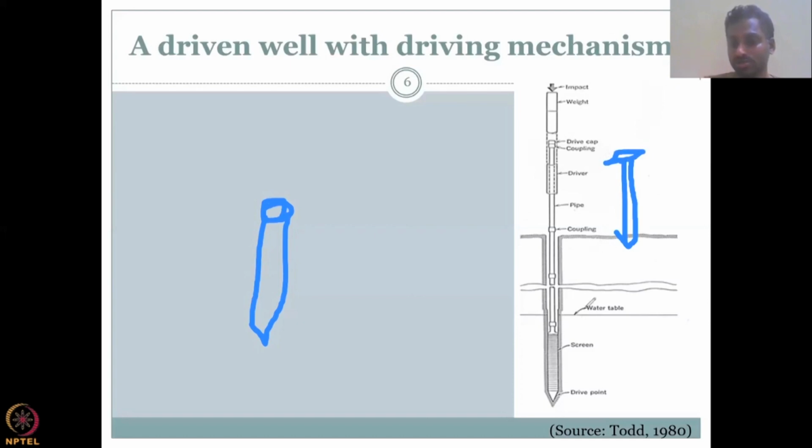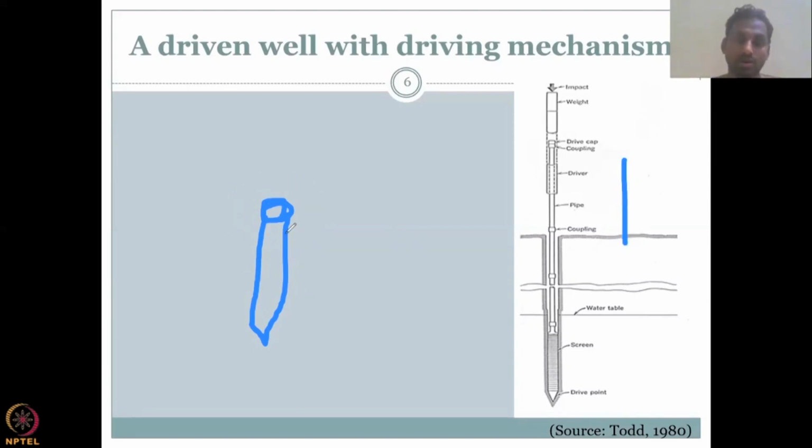Once you hit, it has moved down. While it moves down, you need to unscrew the top and then connect a connector or elongator for your drive point. And that is why it is a coupling.